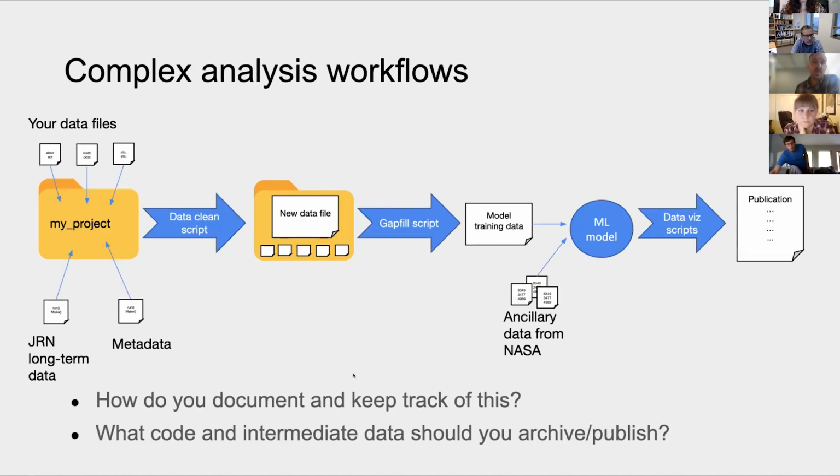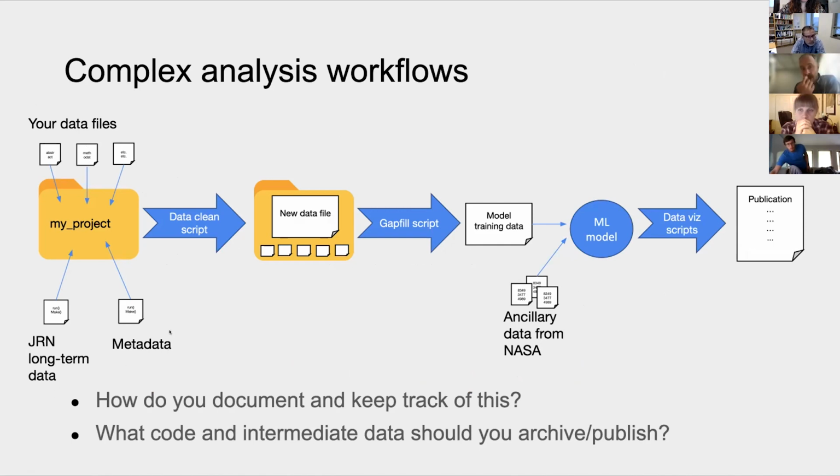So here's an example workflow. Over here we have your project directory, and you've got some metadata files like an abstract, a methods, some other stuff. You've got some data files that come from the Jornada long-term data sets, perhaps.